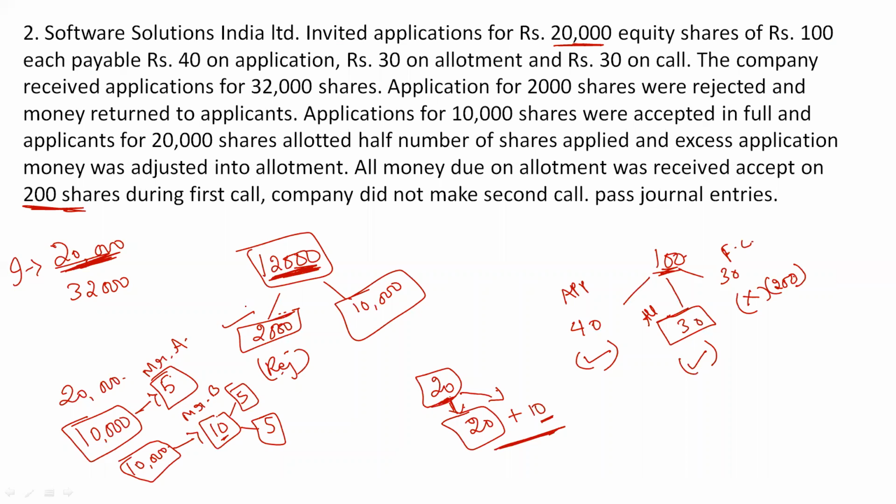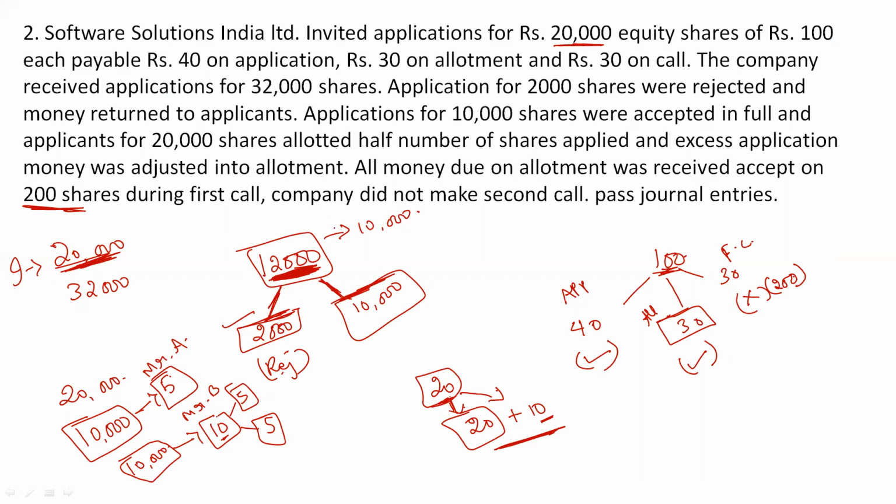See what happens when the companies distribute the amount on a pro rata basis. The company must have received the application money for 10,000 extra shares also, right? The company has received application money for 12,000 extra shares. Out of these, 2,000 shares are rejected and their amount is refunded. But still, the company has extra amount for these 10,000 shares, right?